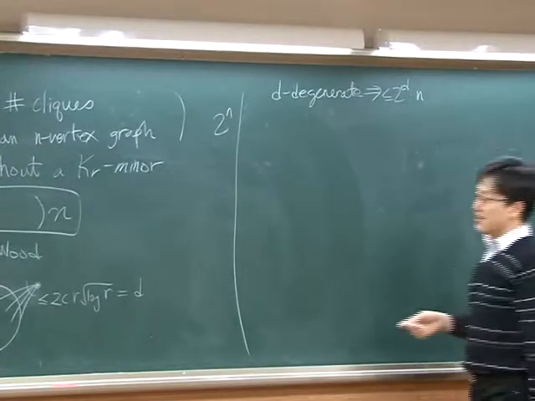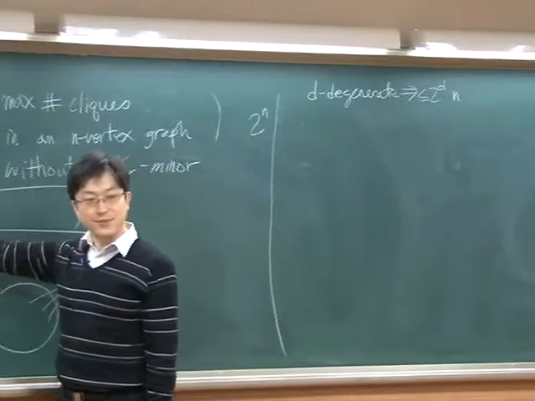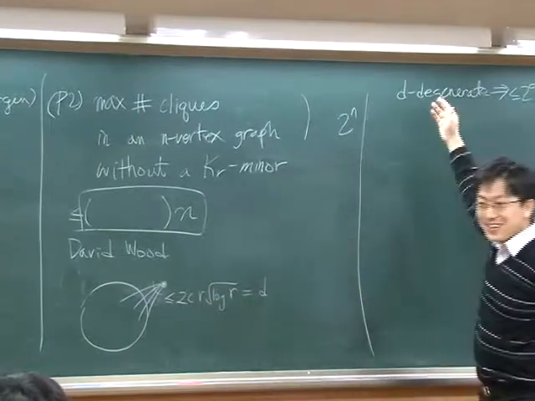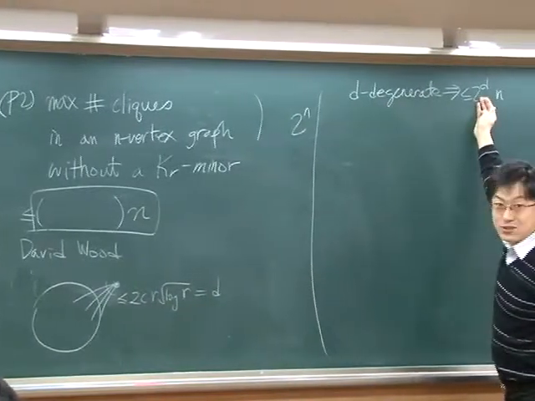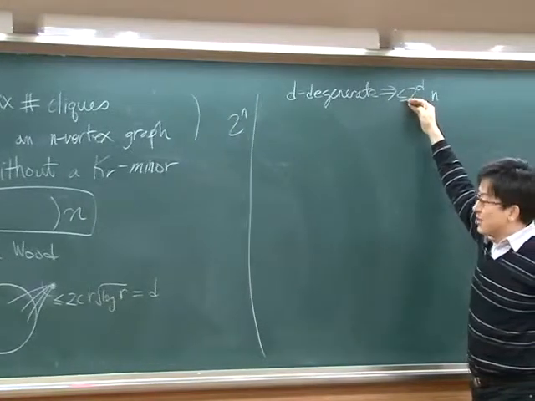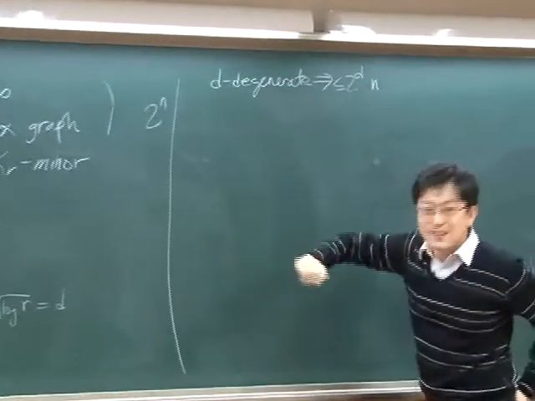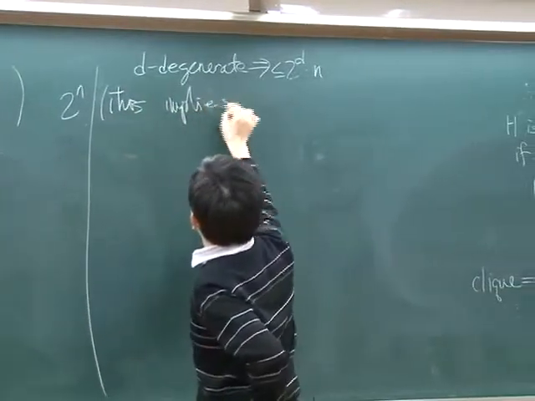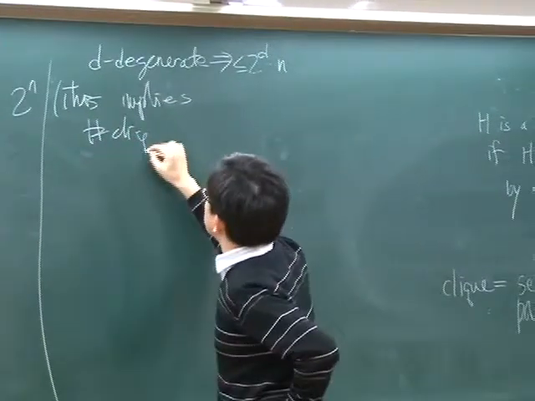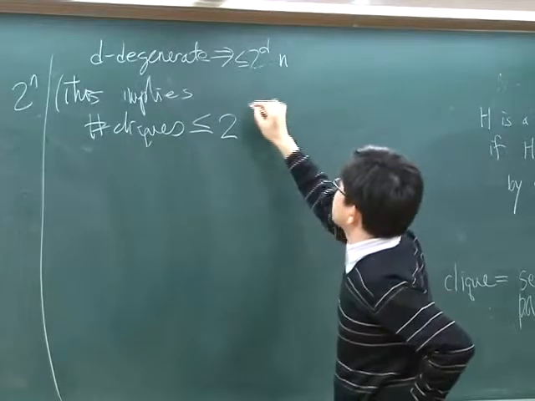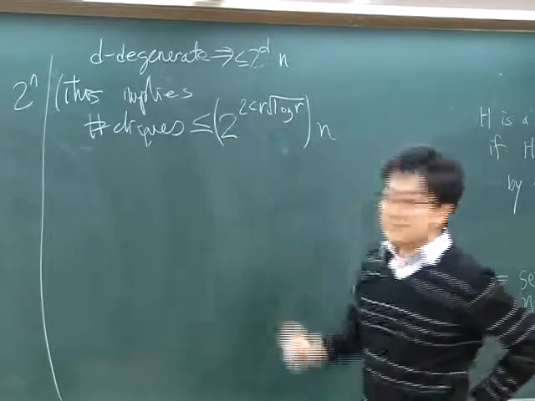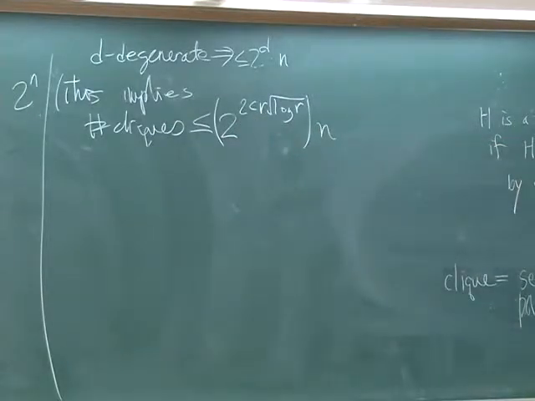In particular, such a graph with no K_r minor will be twice constant r square root log r degenerate. So the number of cliques is at most 2 to the twice constant r square root log r times n, which is better than (r factorial) squared times 2 to the r something.